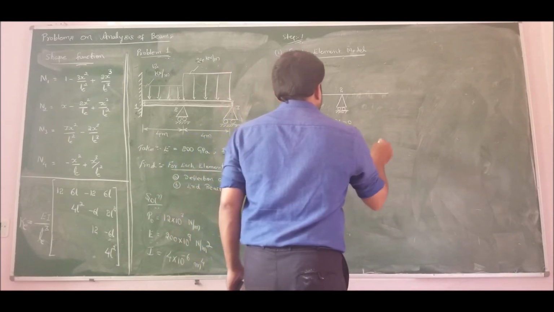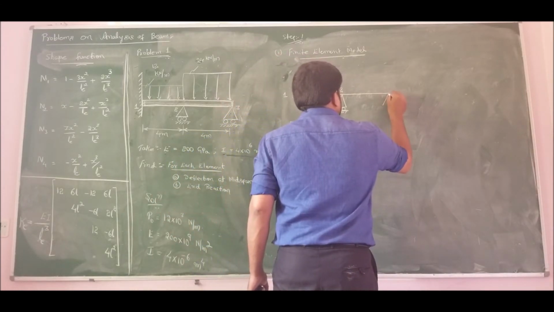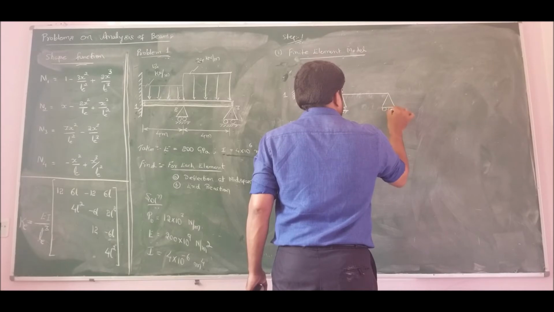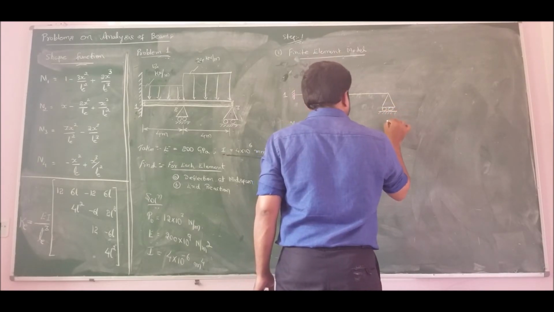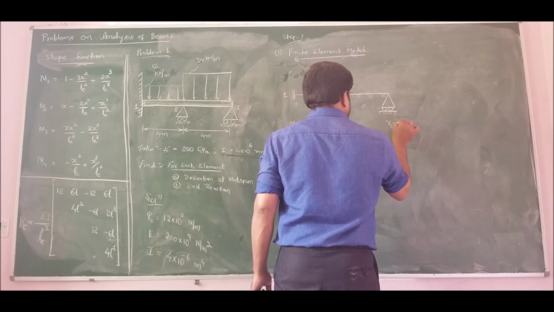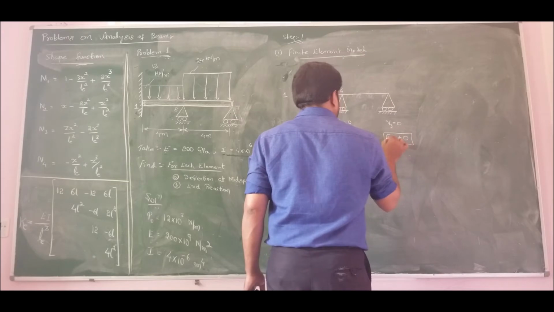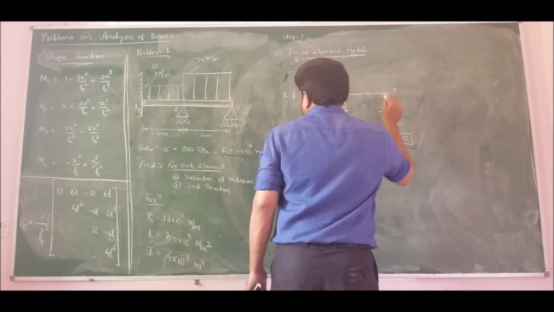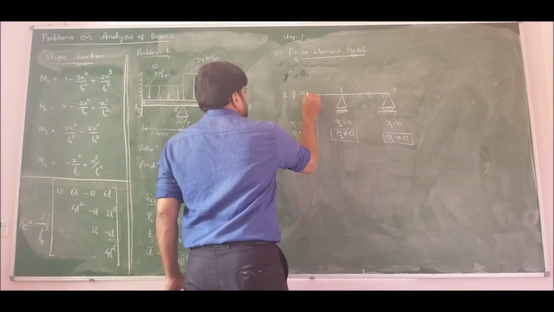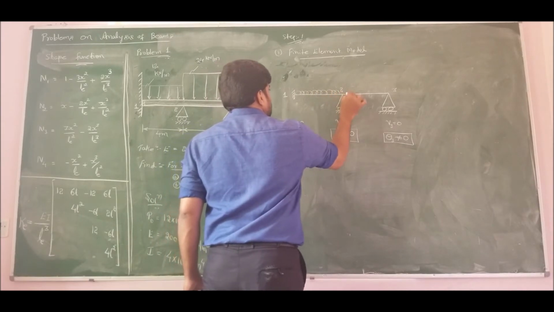This is one thing we have to compute. And at node 3 also, we have a roller support. Therefore, here also I should compute the slope, whereas deflection is equal to 0. So I should compute theta 3 at node 3, and the load is UDL in nature.